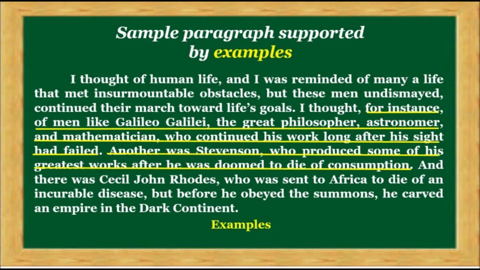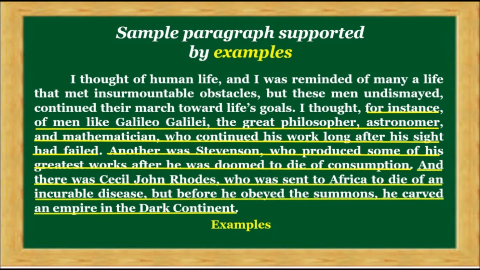Another was Stevenson, who produced some of his greatest works after he was doomed to die of consumption. And last, there was Cecil John Rhodes, who was sent to Africa to die of an incurable disease, but before he obeyed the summons, he carved an empire in the Dark Continent.